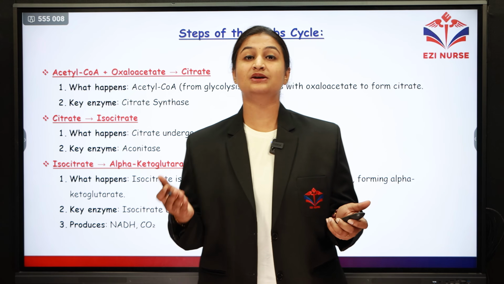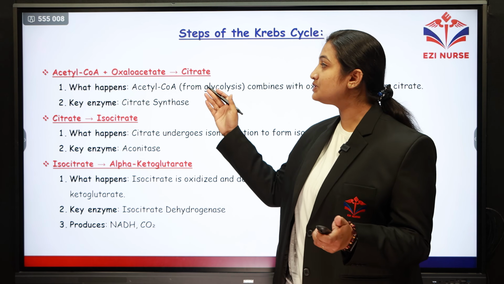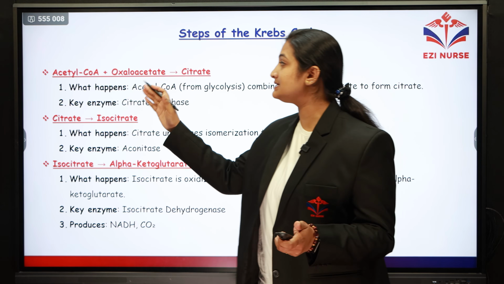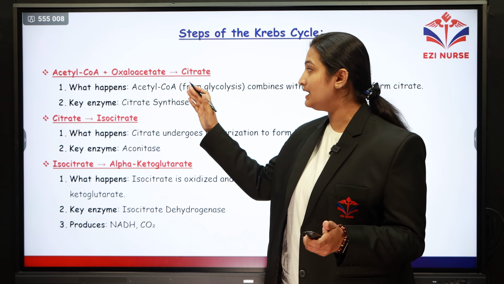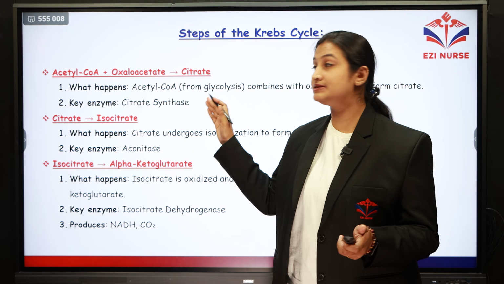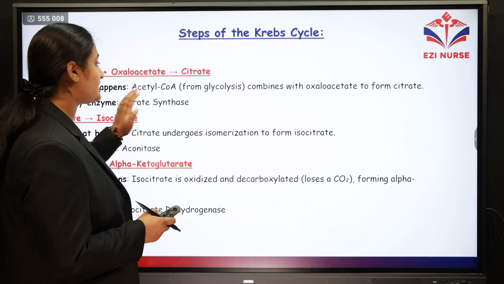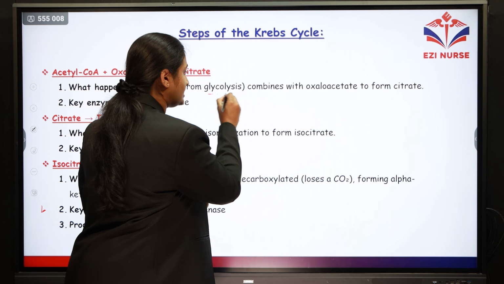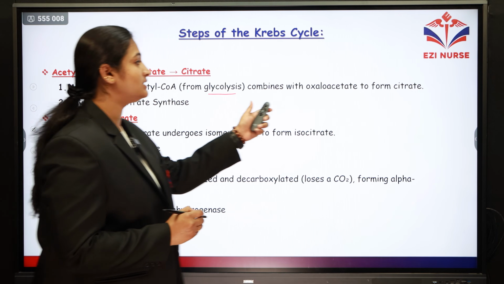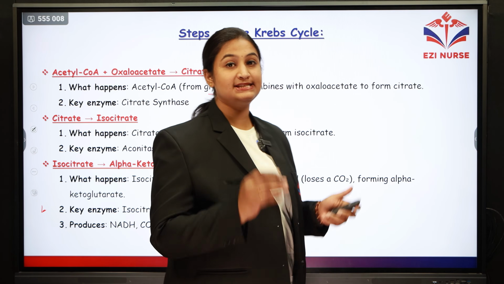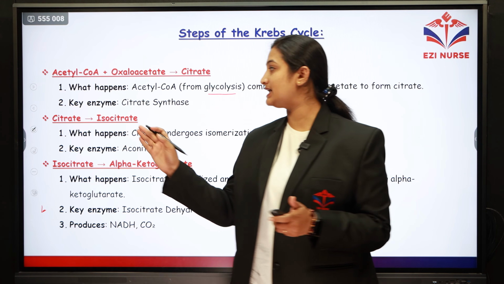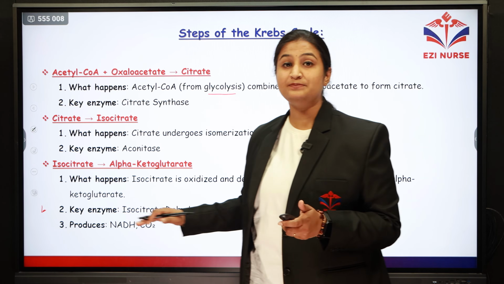Even the urea cycle is important, and the Krebs cycle. In the Krebs cycle, acetyl-CoA from glycolysis combines with oxaloacetate to form citrate. So in each step, that's the process happening.